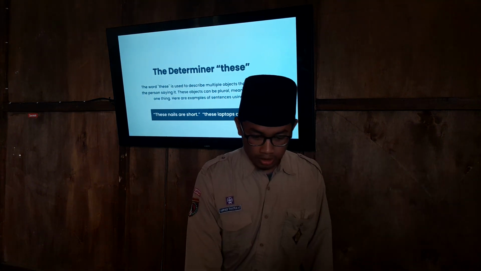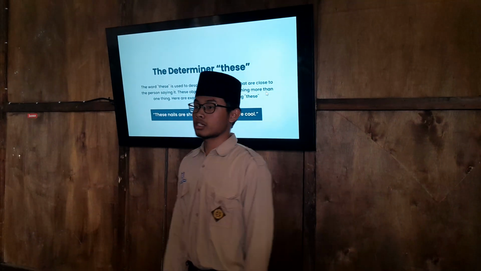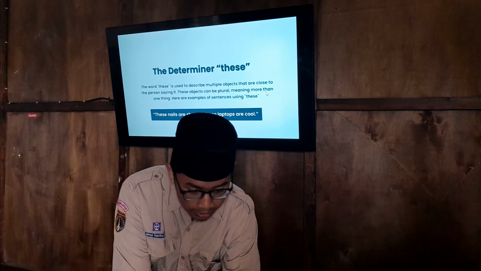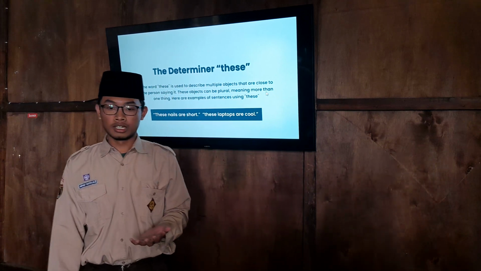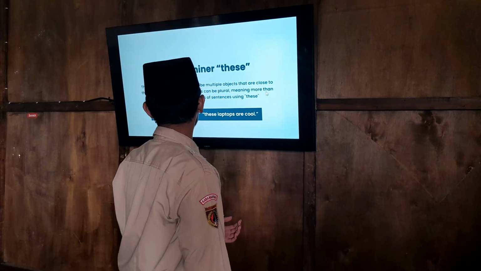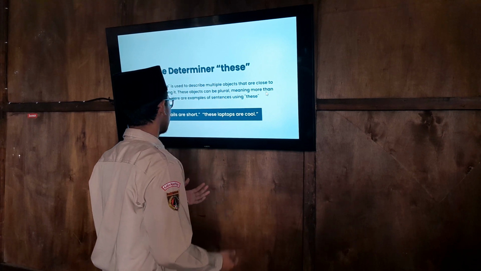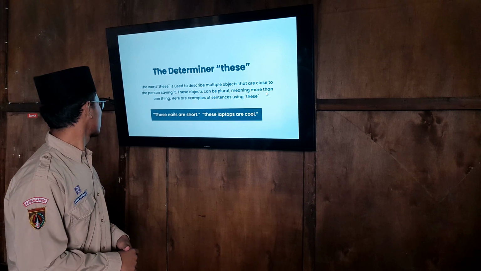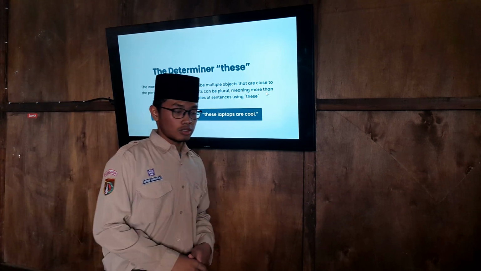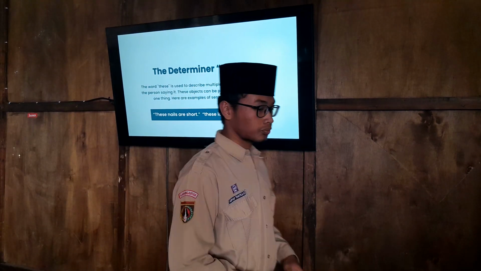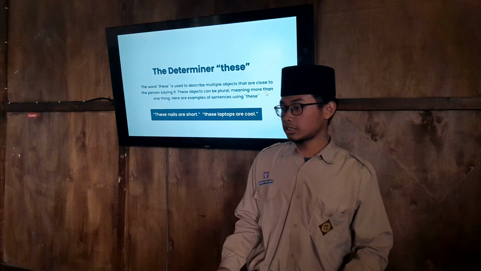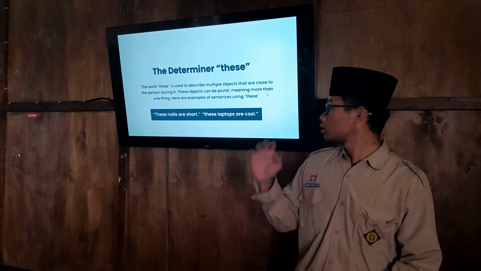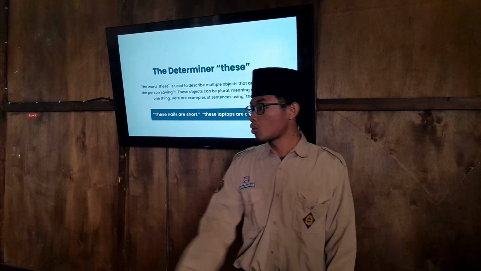The next is the determiner "these." "These" is used if there are multiple objects that are close to the person saying it. For example, these nails are short and these laptops are cool.